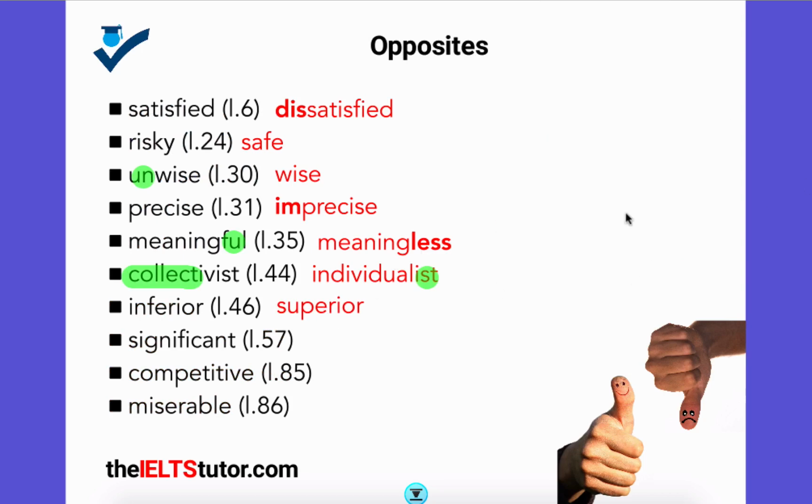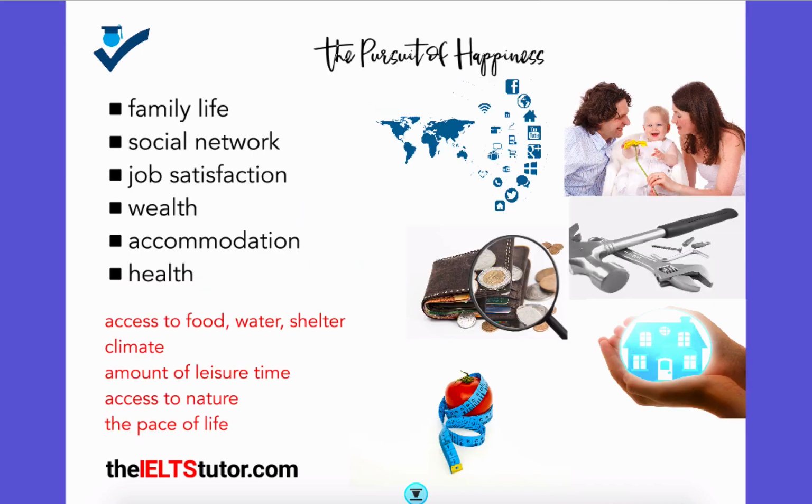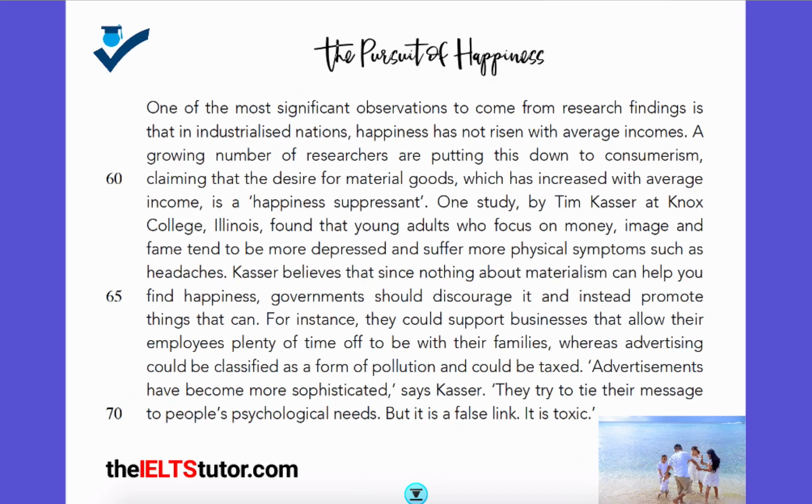And then we have significant from line 57. Over here, one of the most significant observations to come from research findings is, so significant here could possibly mean important. It's one of the most important observations to come. So the opposite of important is unimportant, but we're not looking at the word important here, we're looking at significant.